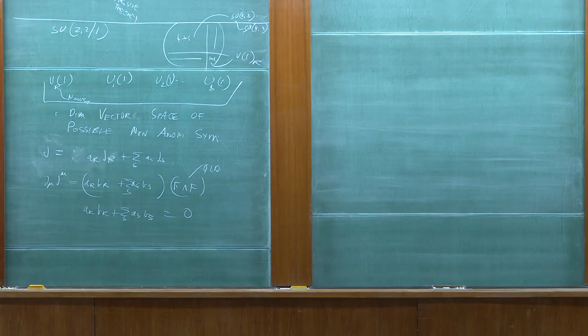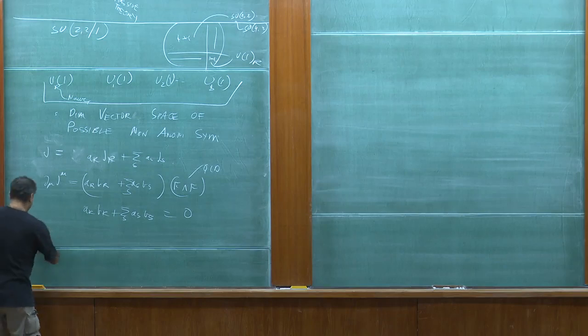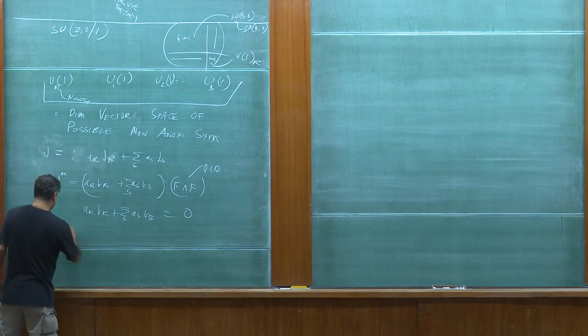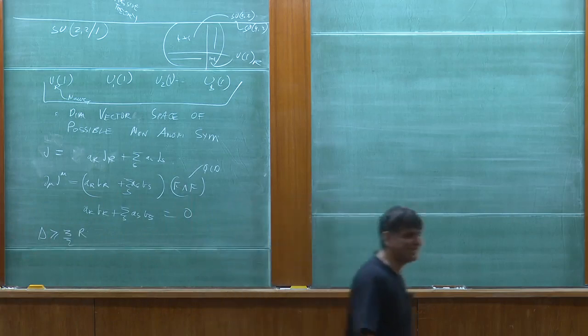Now, why do we want to know about the R symmetry? Well, you remember we had unitarity relations that told us, for instance, that delta was greater than or equal to 3 by 2 times the R charge. This played an important role in the study of Seiberg duality, if you remember.